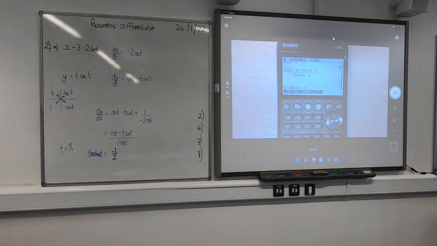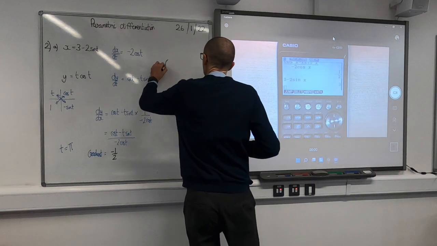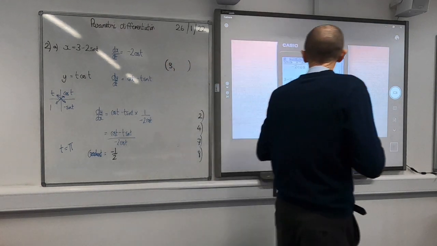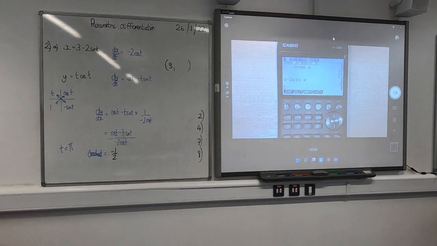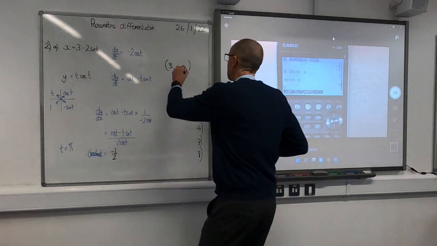So if I type that in, I replace the x equals 3 minus 2 sine t, turn that into 3 minus 2 sine pi. That gives me my x coordinate. And if I do the same with the y value, so that's x cos x, t cos t, minus pi.